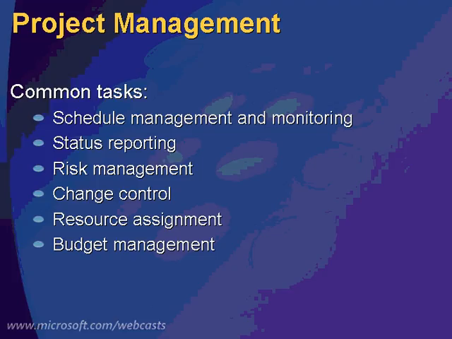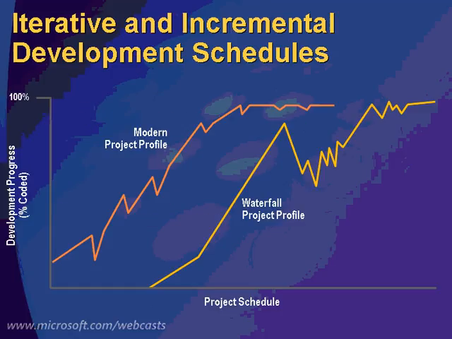Change control as well is key to making sure that you don't interrupt software processes that are in place. And again, resource assignment and budget management are also key to this picture. In a lot of organizations, I'll see these two roles separated, the architect role from the project management role. But I firmly believe that to be successful, these two roles need to be very intertwined and that one can't operate successfully without the other.